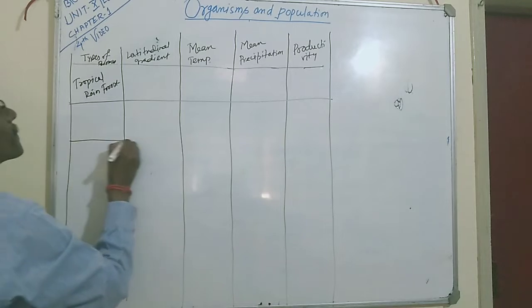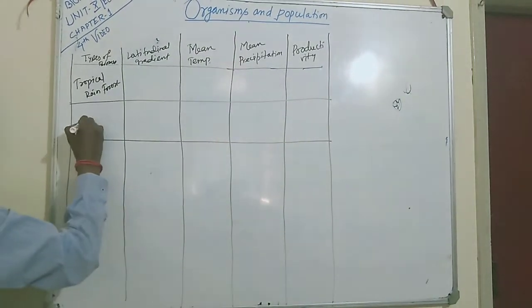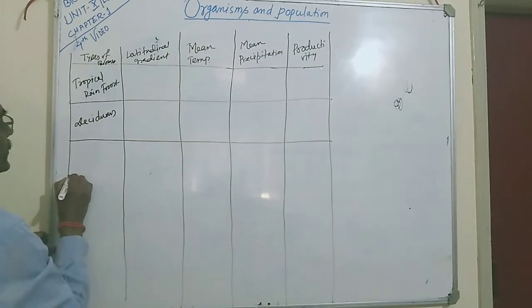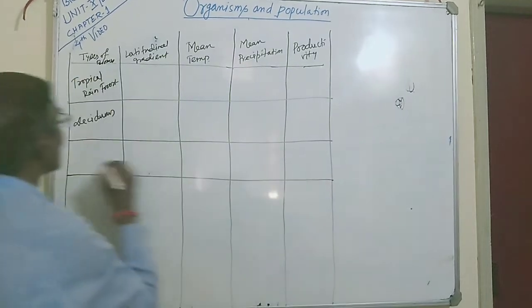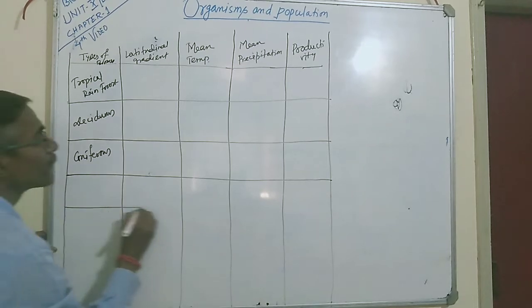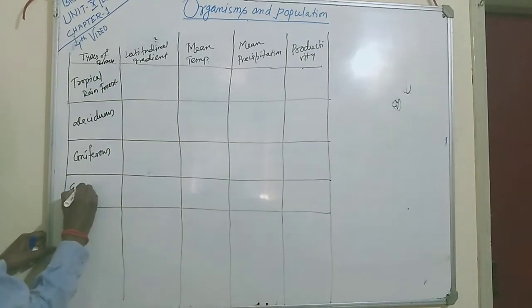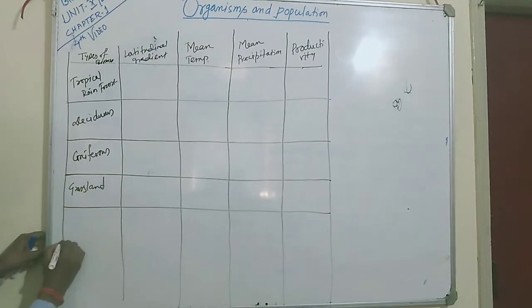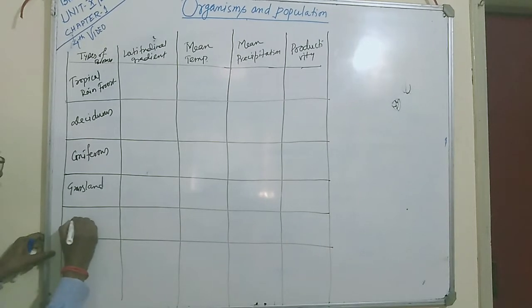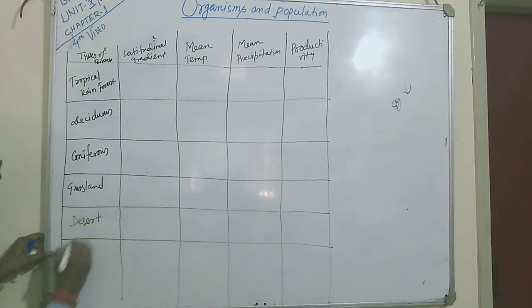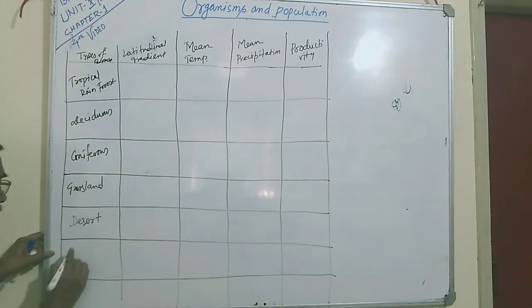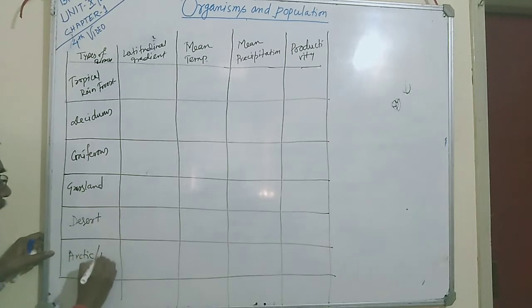Number 2, deciduous forests. Coniferous, grassland, desert, and the last one, Arctic and alpine.